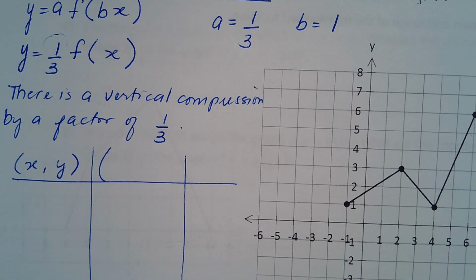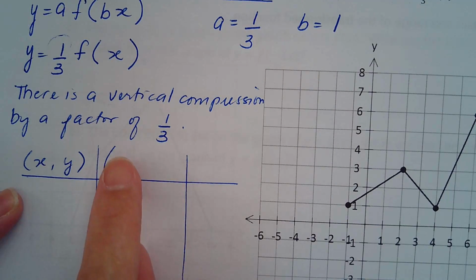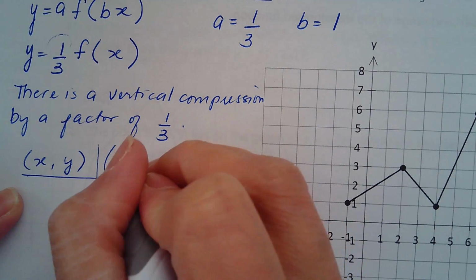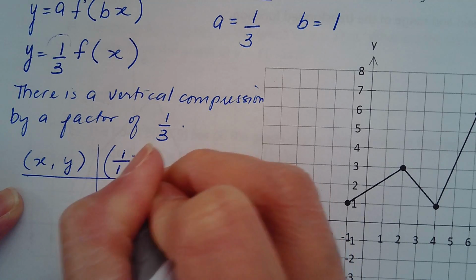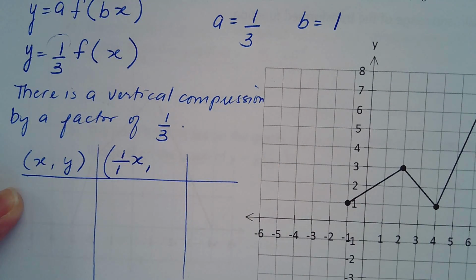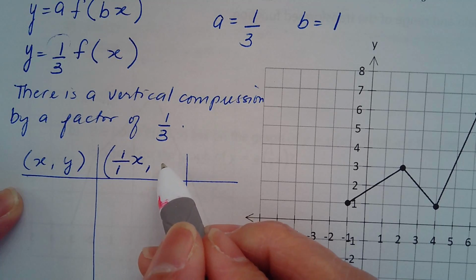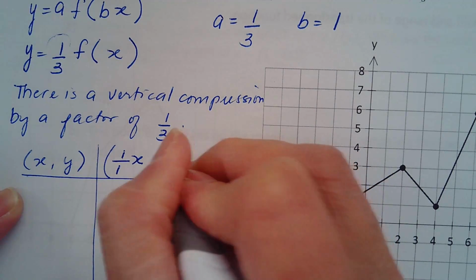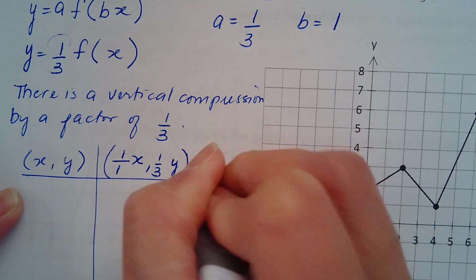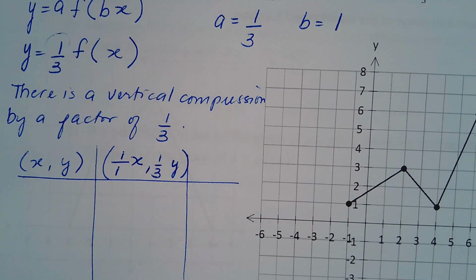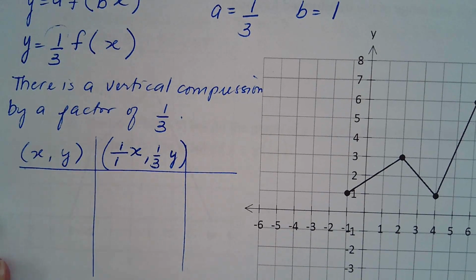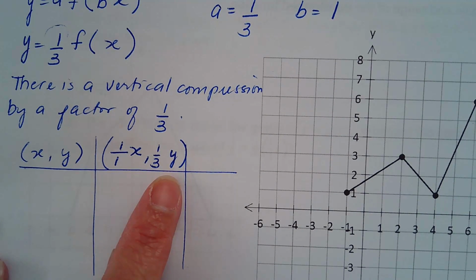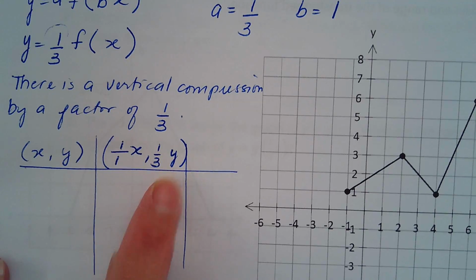So it's going to be 1 over b, which is 1, times x, which is x. And then the y would be 1/3 times y. Okay, is that good? So vertically compressing by a factor of 1/3.